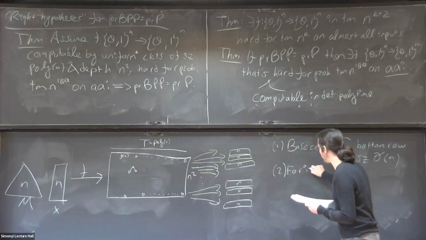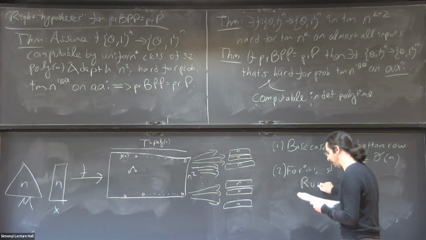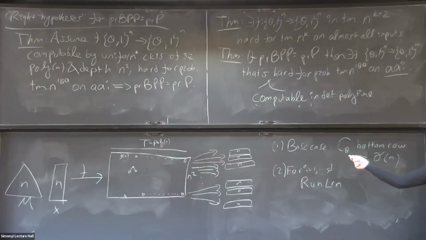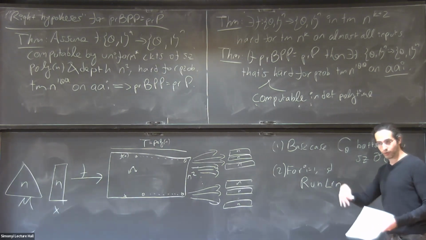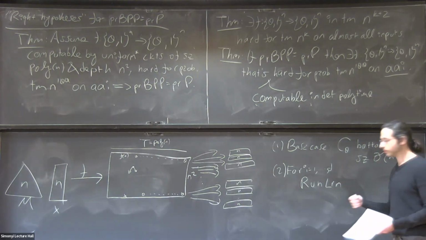Now we work our way up. So for i that goes from 1 up to d, we run the learning algorithm. We have a learning algorithm because we have a distinguisher. How do we answer its queries? Using the downward self-reducibility and the circuit that we already have for the layer below. So we are bootstrapping.